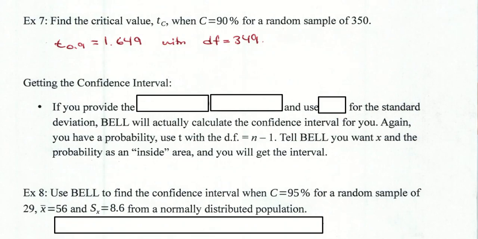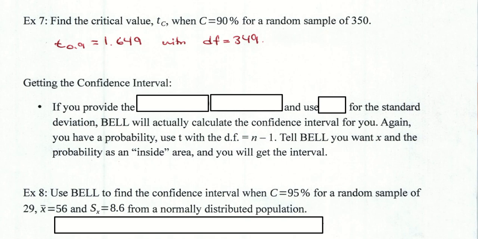Now, we can do this with Bell as well. We can actually find a confidence interval. And we're going to step through doing that. But I will point out that this is a built-in function in your calculator. So we're going to use Bell one more time just to show how that generalizes. And then we'll use the t interval function in your calculator.